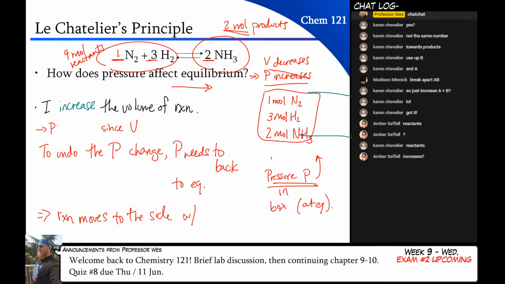I make it really big. If I increase the volume, what would happen to the pressure? If volume goes up, the pressure inside the container goes down. Good.